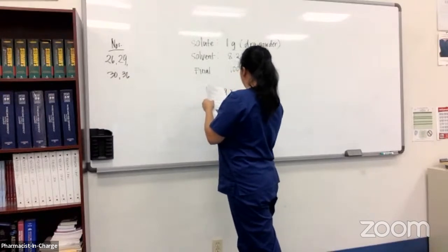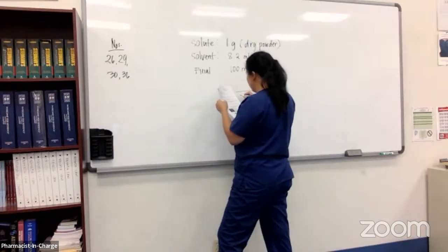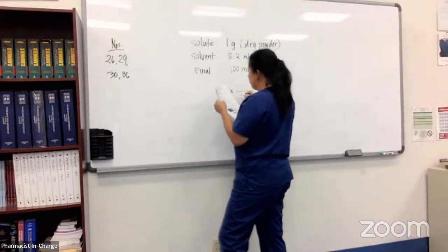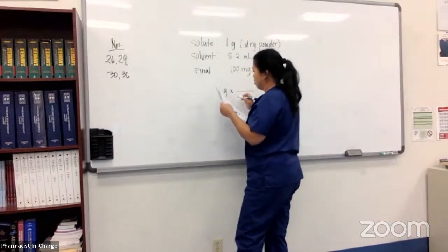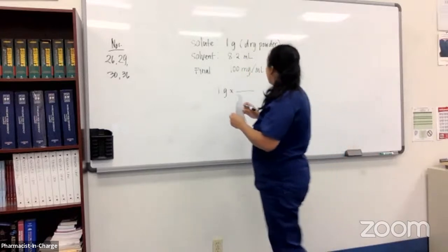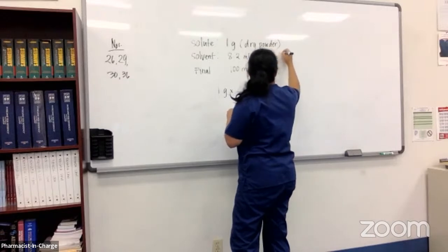The label states that you are to add 8.2 ml. What's that 8.2 ml called? What term? The initial volume. So the diluent. That's the substance we use to dissolve the solute.